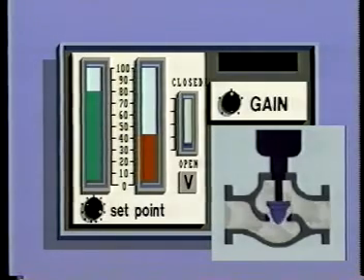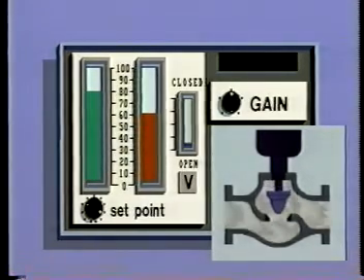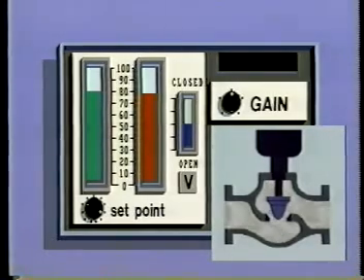The inrush of steam caused the temperature to increase, but as it rose, the proportional action caused the valve to gradually reduce the amount of steam to the heat exchanger. This, in turn, slowed down the rate of rise. Soon the temperature reached 80 degrees. The valve admitted the correct amount of steam to satisfy the heating requirement, and the plant was able to hold the product temperature within the correct limits.